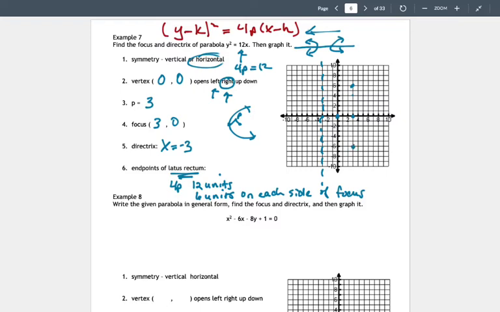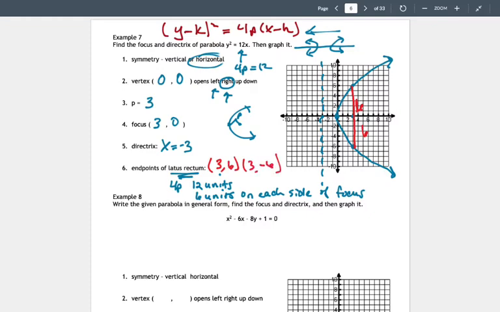And those are 2 more points on this parabola. So that gives me points to help me graph this parabola. So this little segment right here, that's the latus rectum, and it's 12 units long. 6 of it is on one side of the focus and 6 units is on the other side of the focus. So the endpoints of that latus rectum are 3, 6 and 3, -6.